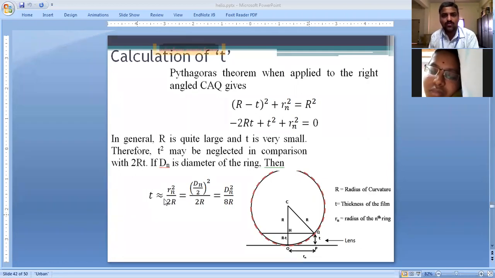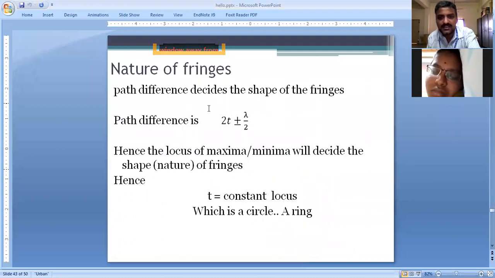Now I have to prove why there should be rings. See, the shape of the interference fringe is governed by the path difference. I repeat, the shape of the interference fringe is governed by the path difference. As we have already calculated in the previous slide, this is the path difference, 2t plus or minus lambda by 2, right?